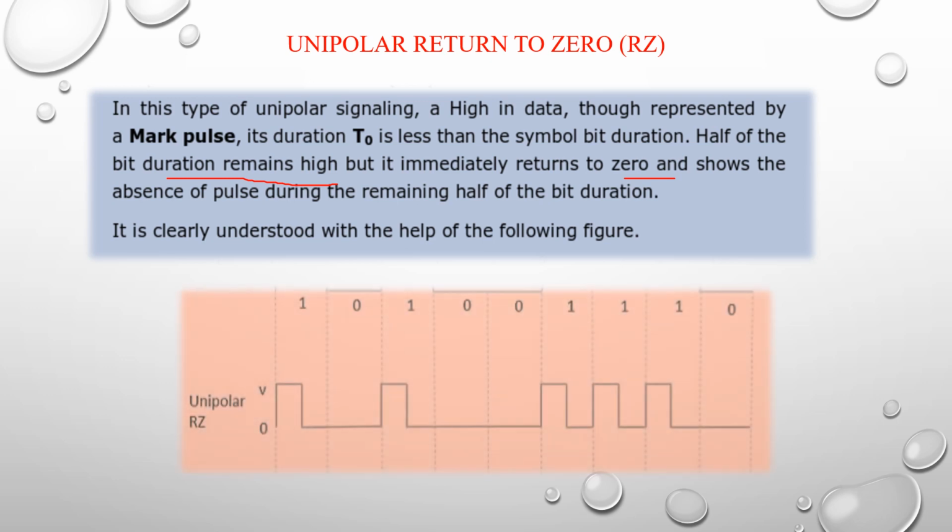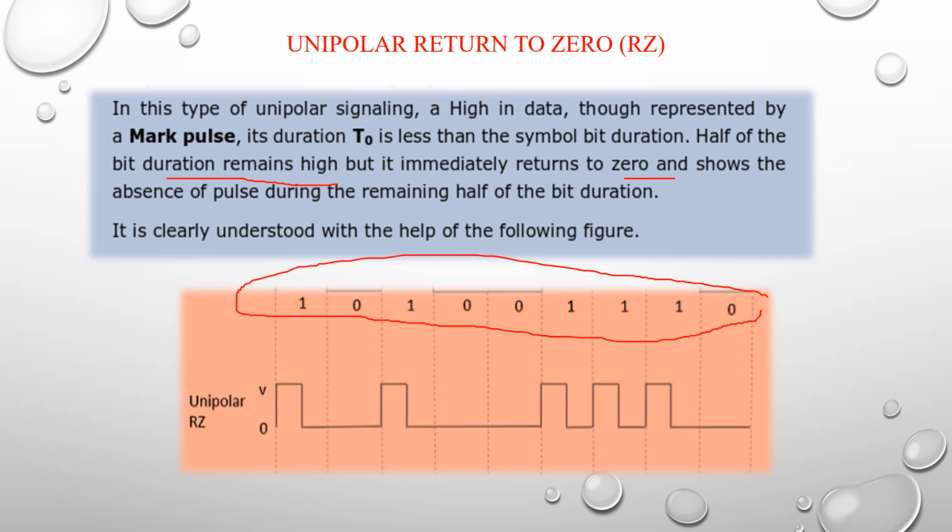So let's consider 1 0 1 0 0 1 1 1 0, and this is the given digital data. We have to convert this given data into a line code by using the unipolar return to zero technique. This is the high value, for example, and this is the bit duration T0. So here the given input is 1.